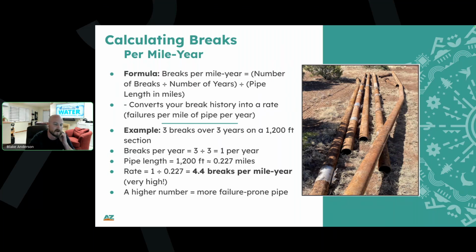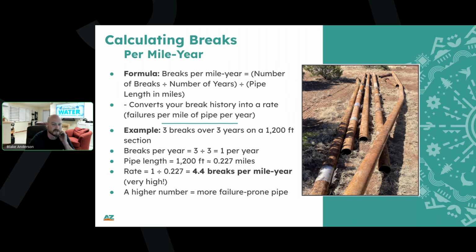And so our poll question that we asked at the end was, what's the national average? And so the answer for that is 1.1 breaks per 10 miles is the national reported benchmark that came out of AWWA.